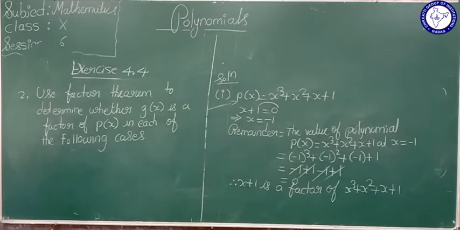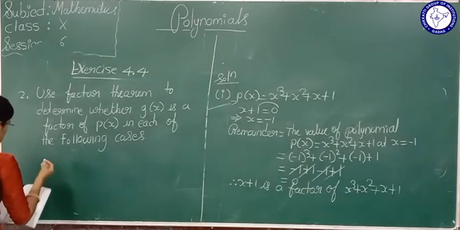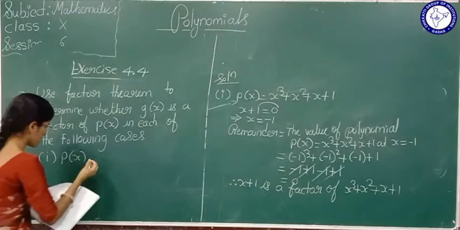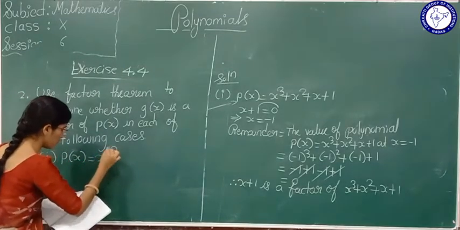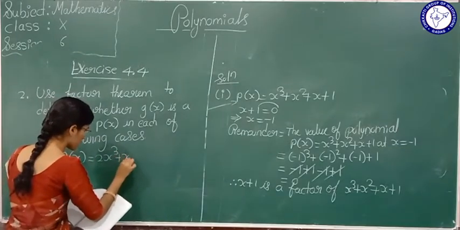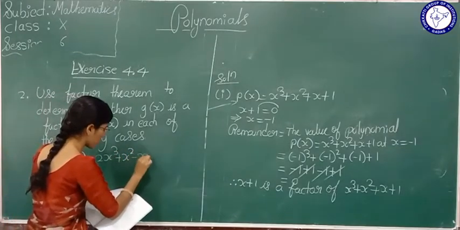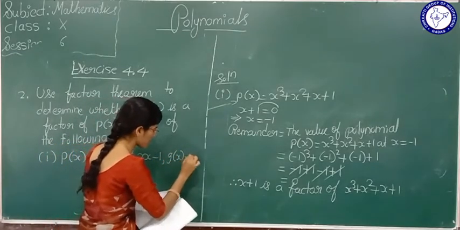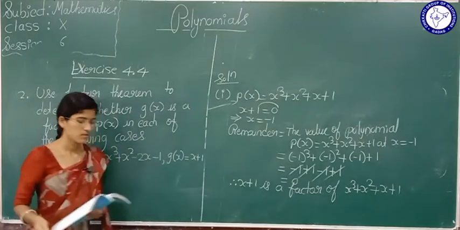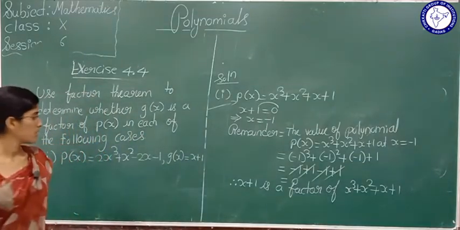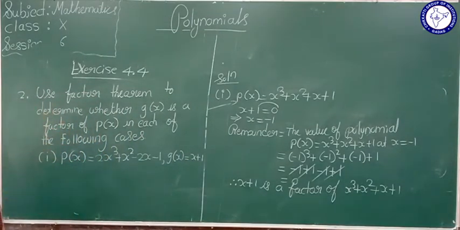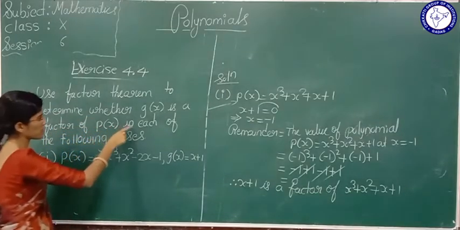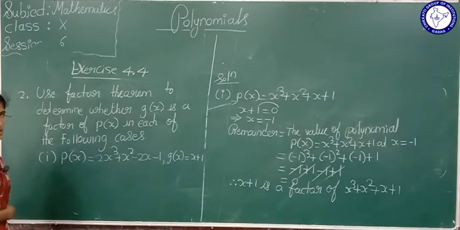So in this I will write the first question, that is p of x is equal to 2x cube plus x square minus 2x minus 1. G of x is x plus 1. Now see what they have given, use factor theorem to determine whether g of x is a factor of p of x in each of the following cases.